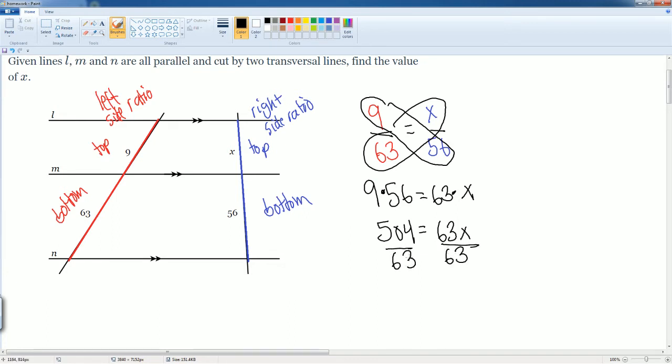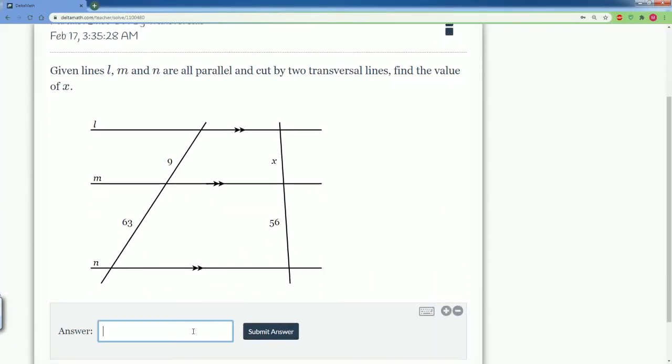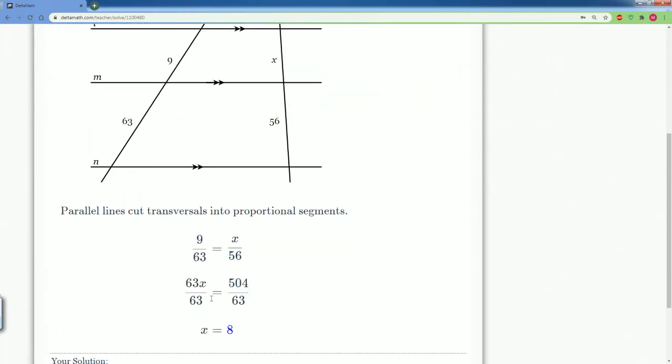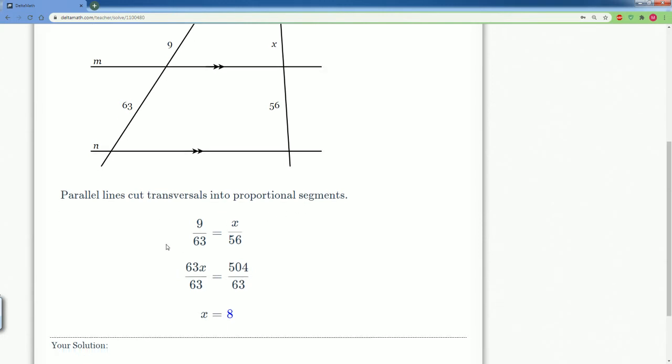So you get 504 divided by 63, that gets you 8 is equal to X. So here we can write 8, submit, and you are correct. Exactly like how we did it when the proportion happened.